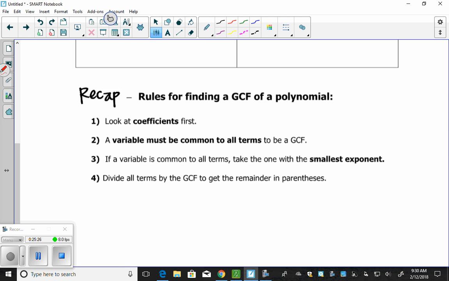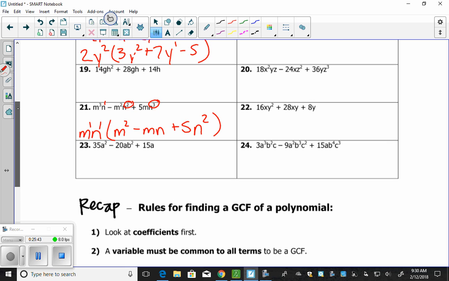Second, a variable must be common as a GCF if that variable is in all of the terms. If a variable is common to all terms, you take out the one with the smallest exponent. So if you look back up here at number 21, our smallest exponent for n was 1, so I pulled out 1n. For m, it was 1 here, so I pulled out 1m. You just pull out the smallest exponent.